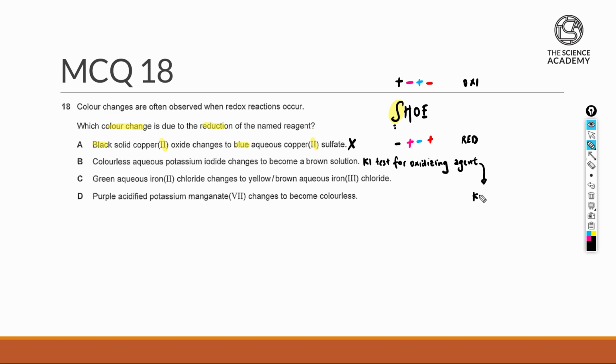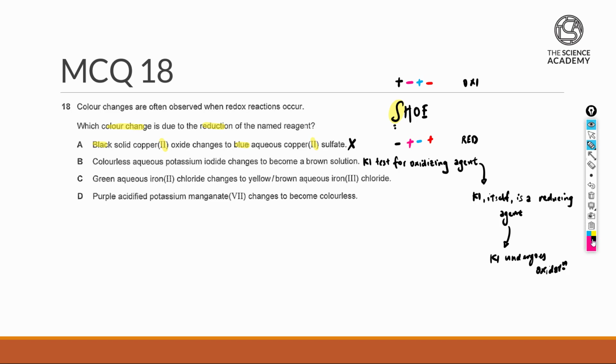It tells me that KI itself is a reducing agent. And if KI itself is a reducing agent, that would then mean that KI undergoes oxidation.